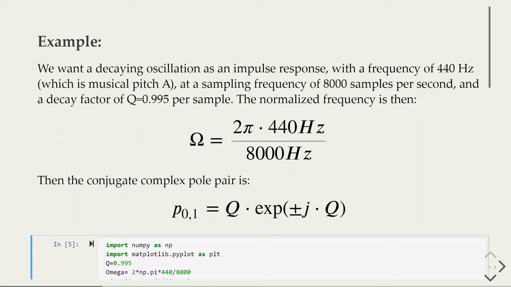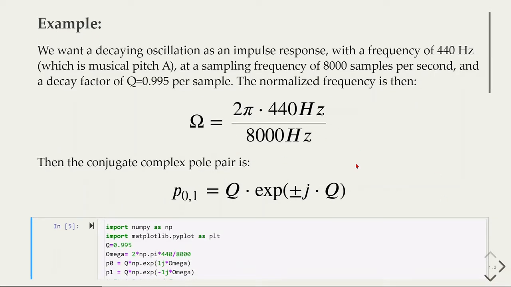So the normalized frequency will be omega equals 2 pi times 440 divided by 8,000. And then we'll have the conjugate complex pole pairs given by Q times the exponential of plus or minus j times omega.